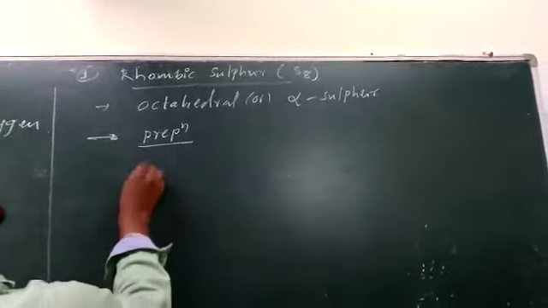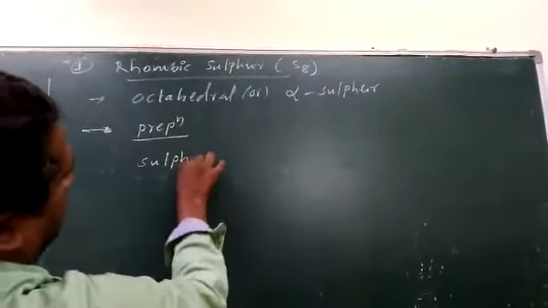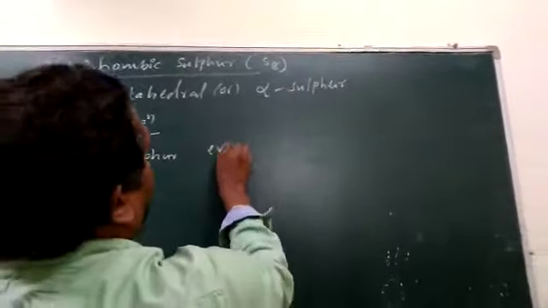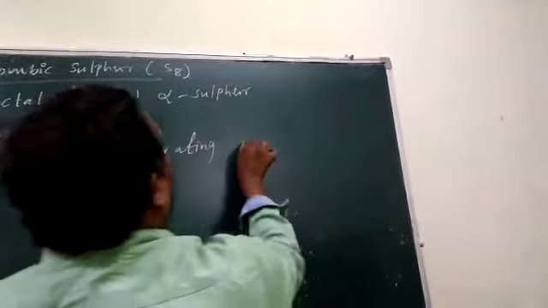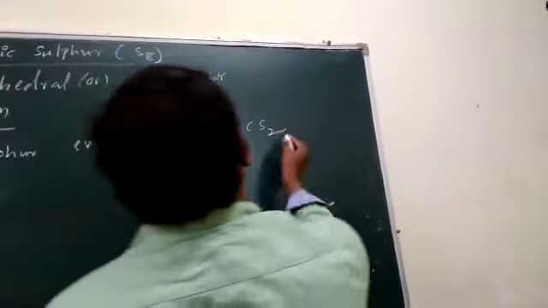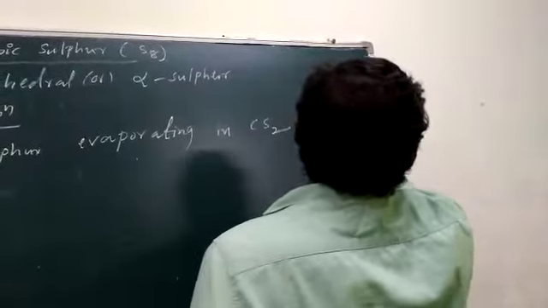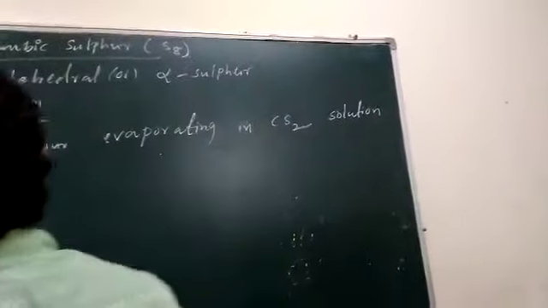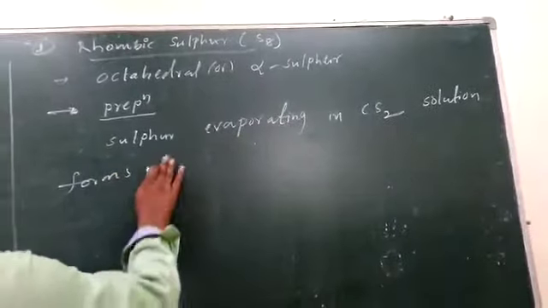Sulfur evaporating in CS2, carbon disulfide solution, forms rhombic sulfur.